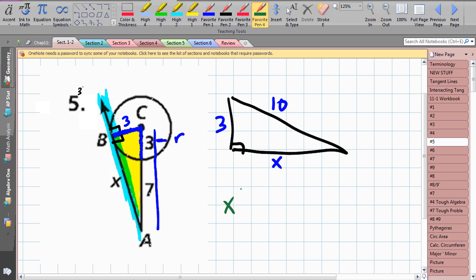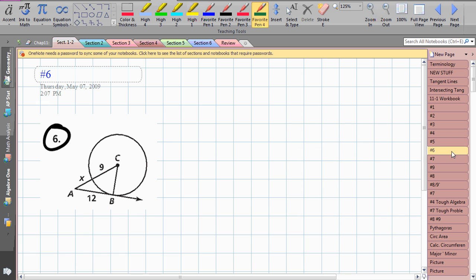This is probably going to be some sort of radical, so I'm going to say x squared plus 3 squared equals 10 squared. This is x squared equals, well, 100 minus 9 is 91, so x turns out to be the square root of 91. And I think that's simplified, the square root of 91, so we're going to leave it just like that. Let's try another problem.